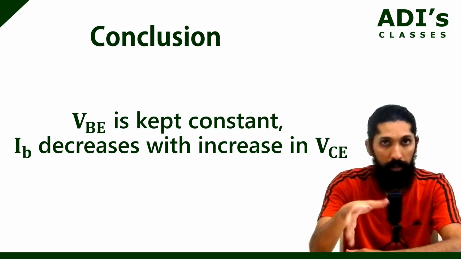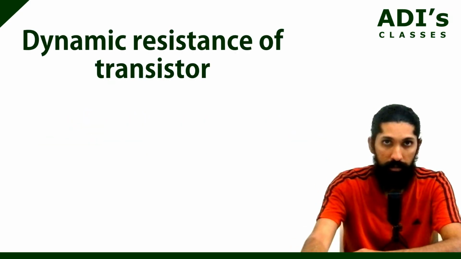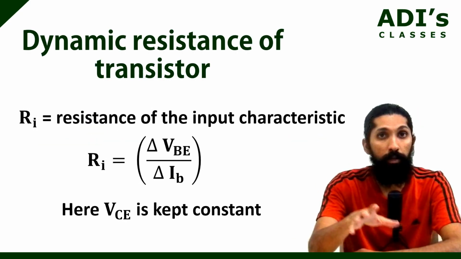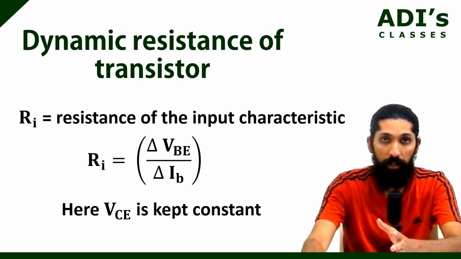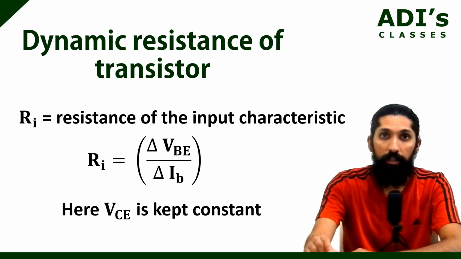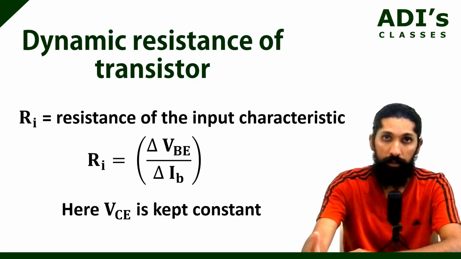Now, based on all these things, we have dynamic resistance for the transistor, or what we call the dynamic input resistance for the transistor. That can be calculated with the help of Ri. Ri is, in the sense, the resistance of the input characteristic.